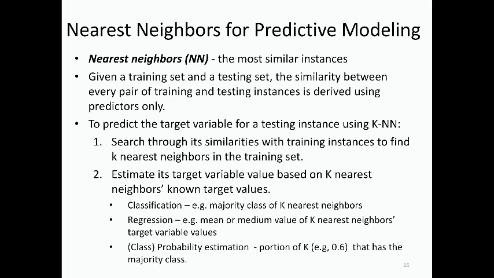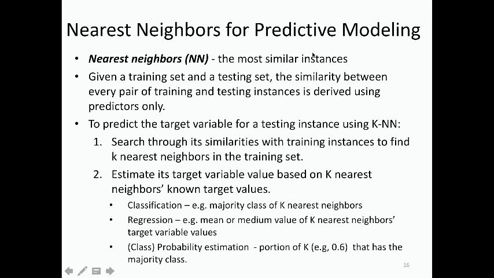So now we get to nearest neighbors for predictive modeling. I summarized the process of doing supervised learning using nearest neighbors in these steps, and they're actually pretty straightforward. First, just to reinforce, when we talk about nearest neighbors, or NN, we mean that these are the most similar instances in the data set.